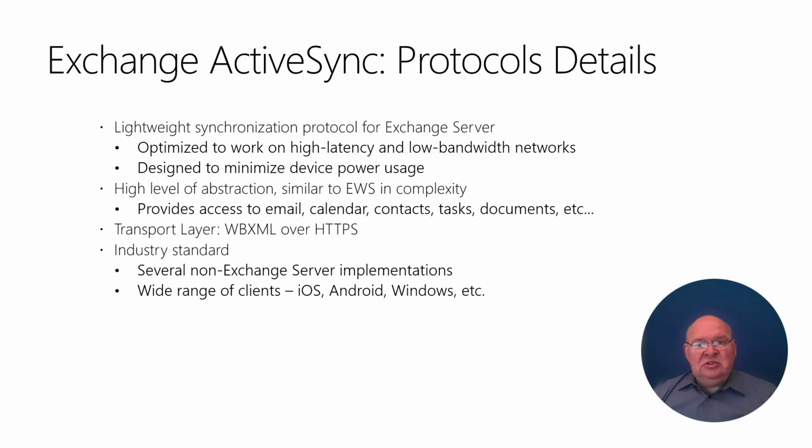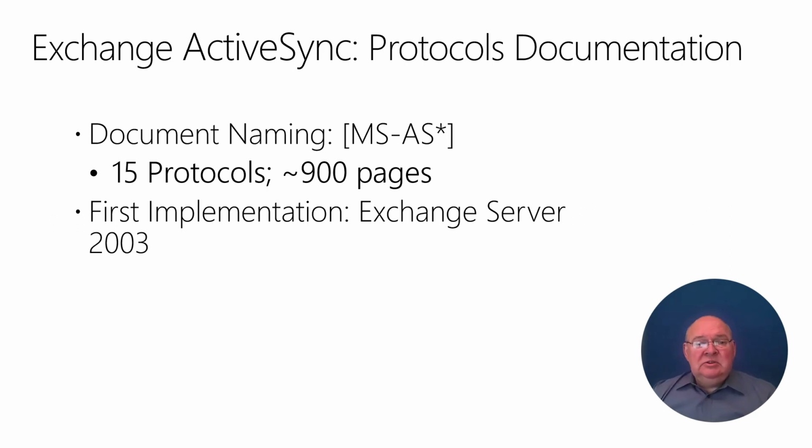We have several non-Exchange Server implementations and a wide range of clients on iOS, Android, Windows, and so on. There are 15 protocols in the ActiveSync protocol family, approximately 900 pages, and the first implementation was on Exchange Server 2003.